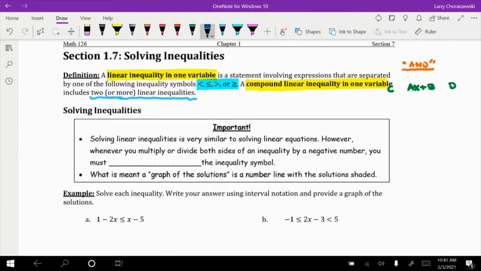And separating the expression from these two numbers will be a couple of less than symbols, sometimes less than or equal to, or a combination of less than and less than or equal to.